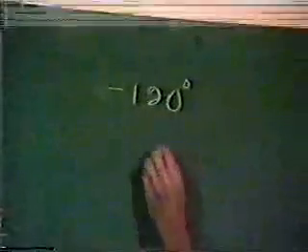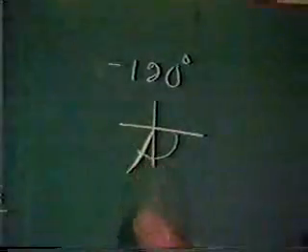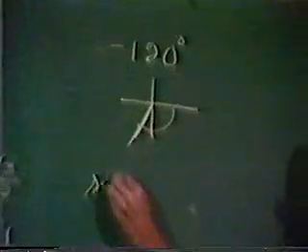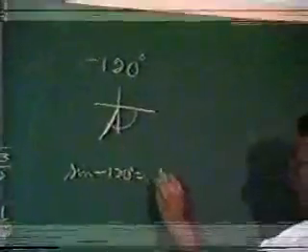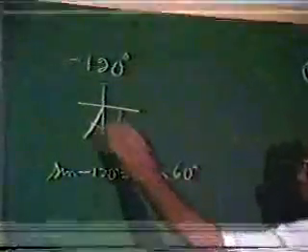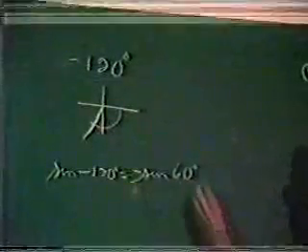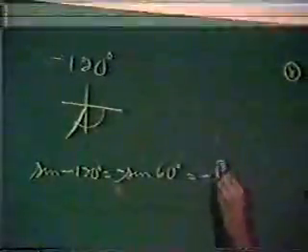All right, looking quickly at the sine of minus 120 degrees. A minus 120 degrees is in quadrant 3. So the sine of minus 120 degrees is the sine of 60, but it's negative because it's in quadrant 3. And so this ends up being minus the square root of 3 over 2.